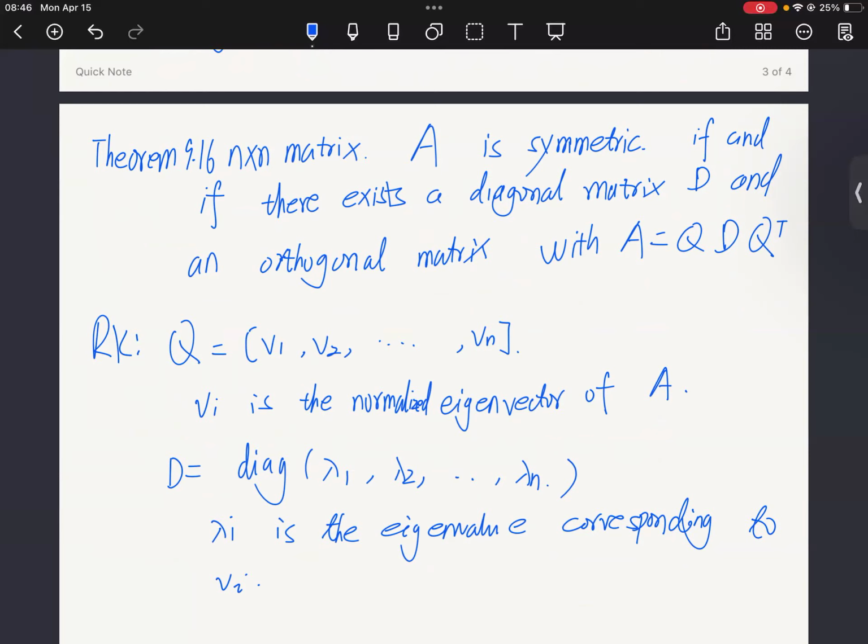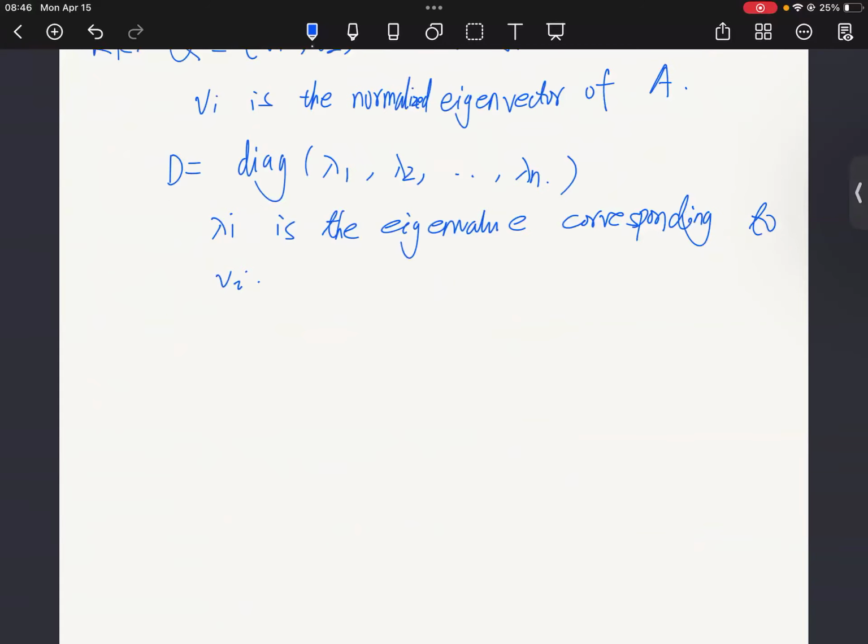Questions? No? If you don't have any questions, then there's one more thing about matrices and eigenvalues. This is something you might already know. A symmetric matrix A is positive definite.